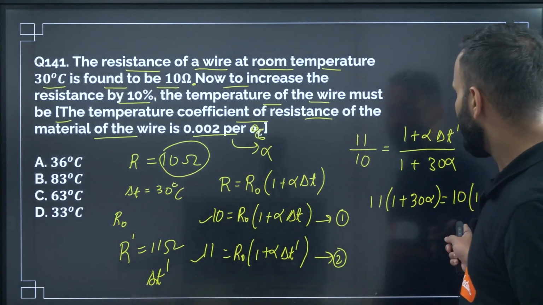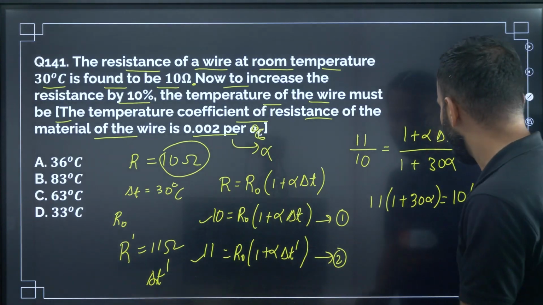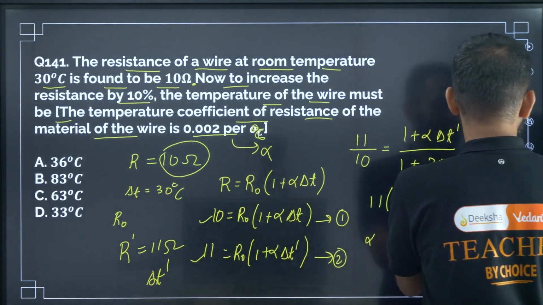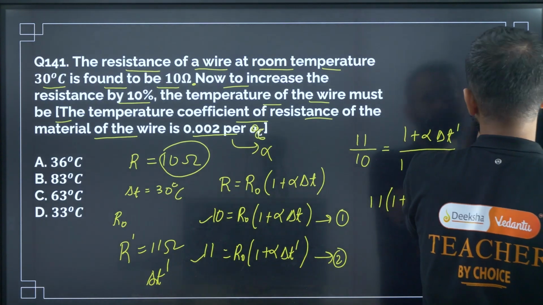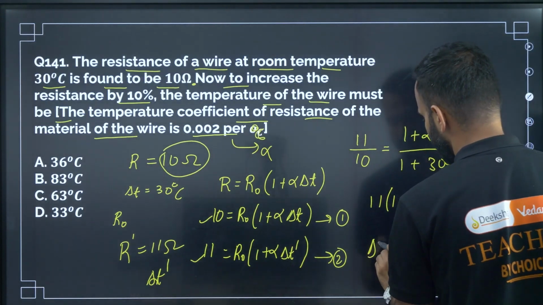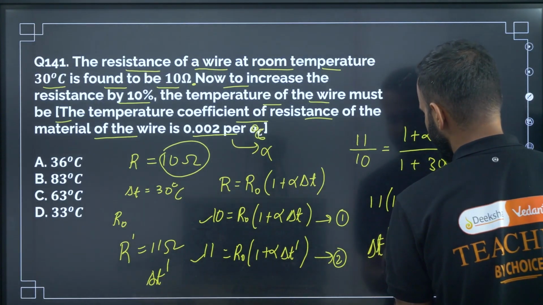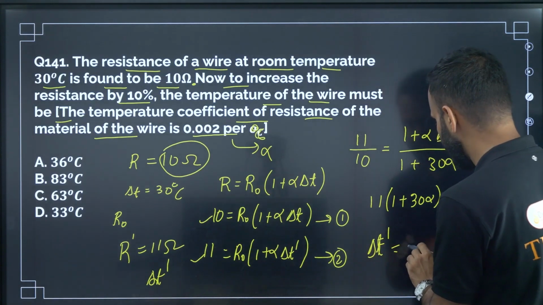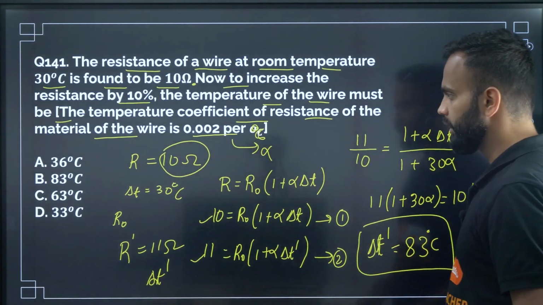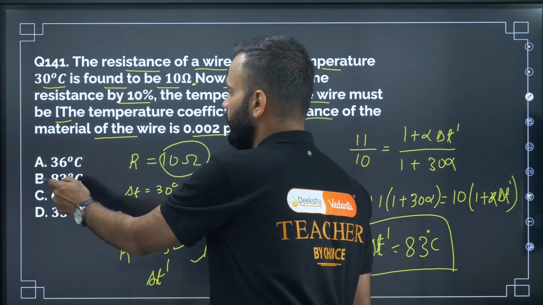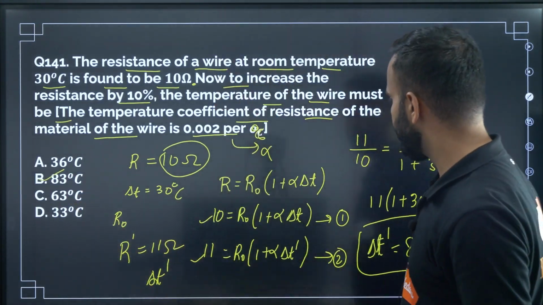The value of alpha is given, so solve it and you will get delta t dash equal to 83 degrees Celsius. Simple, elementary mathematics. So option B is the correct answer, 83 degrees Celsius.